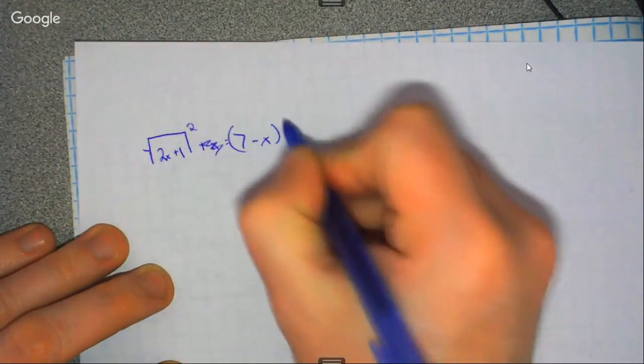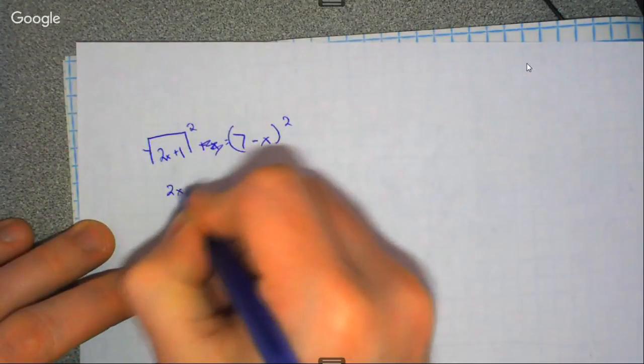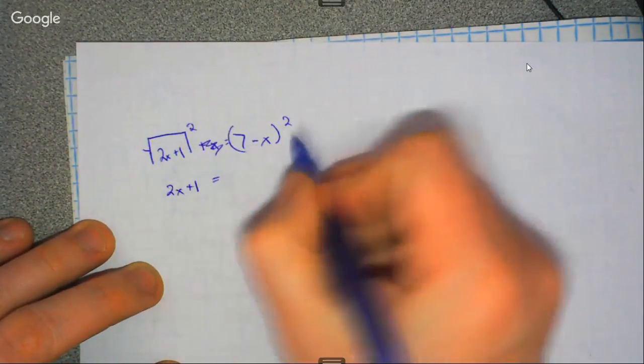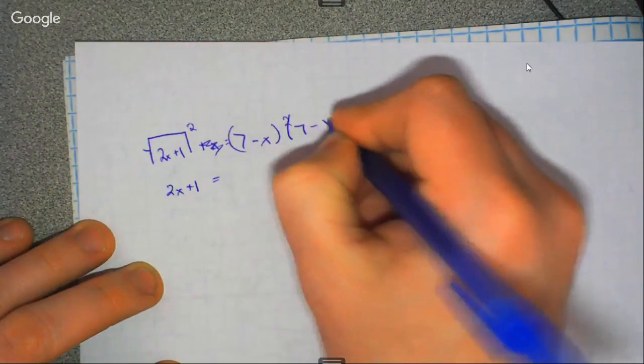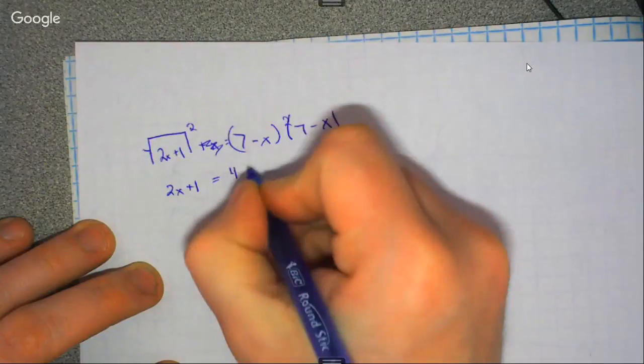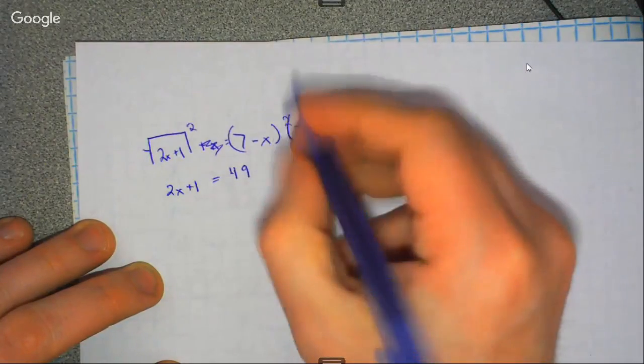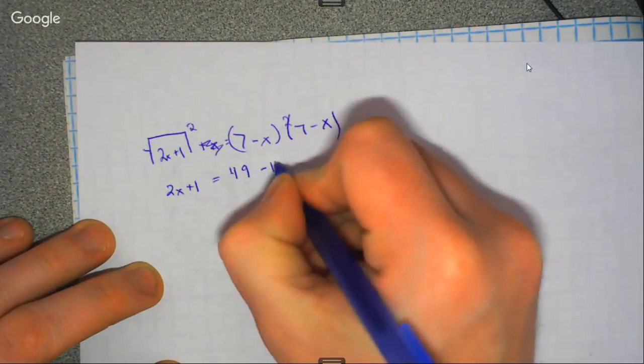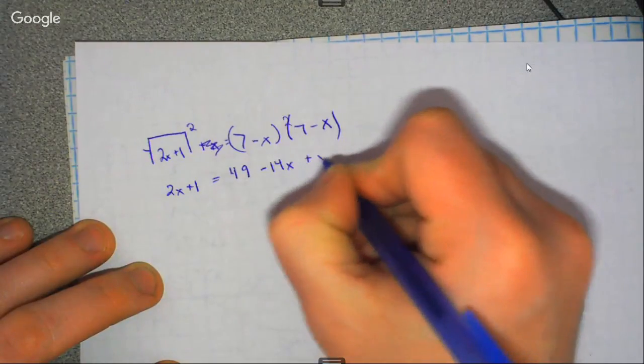And then to get rid of the radical, we square both sides. So you have 2x plus 1 equals, then I got to multiply this out, 7 minus x times 7 minus x. So you get 49 minus 14x plus x squared.